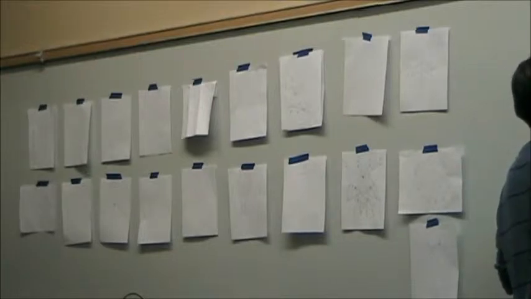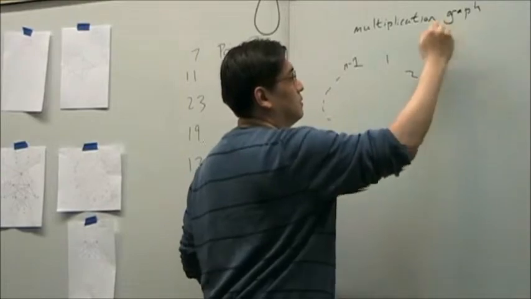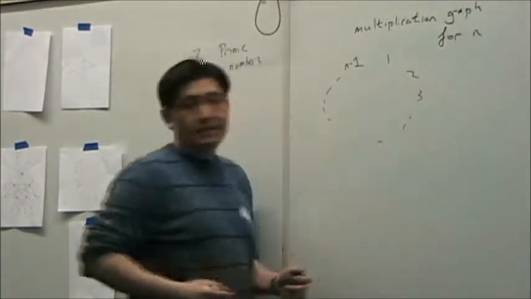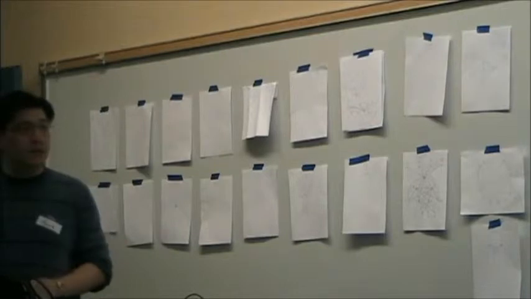If this is the multiplication graph for n, and if n happens to be a prime number, let's say 17, then in a prime factorization I basically get 1 times 17, or 1 times n.